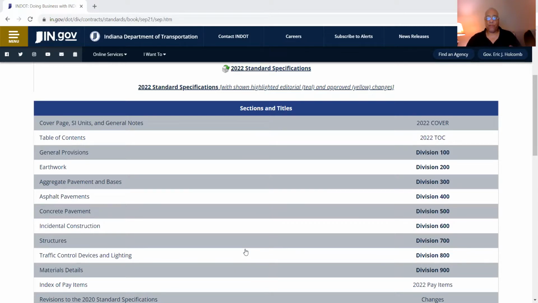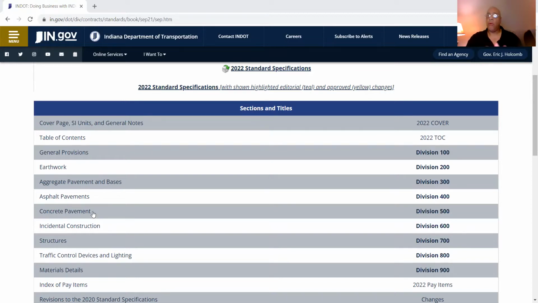Now, the standard specifications, as you see, they have a cover, they have all the divisions. Each division has something within that specification. So if I'm out there doing a project, I have to refer to some of these specifications.